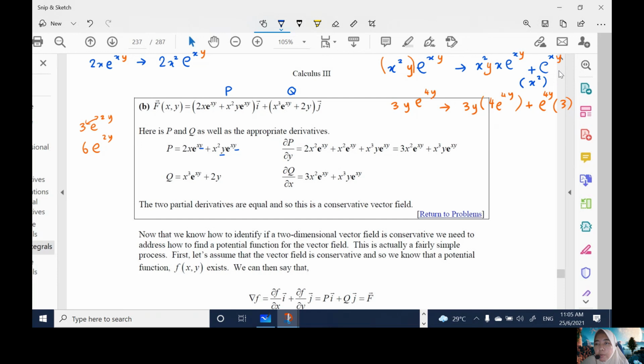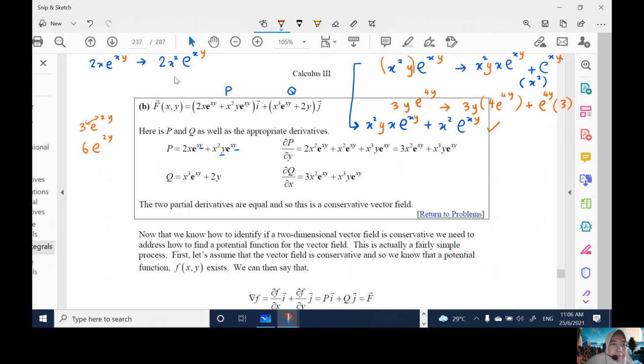Here and here will be multiplied. So I'm going to rewrite here that the derivative for x squared y e^(xy) is x squared y, and then we have x e^(xy), plus x squared e^(xy). Okay, so this is the answer.